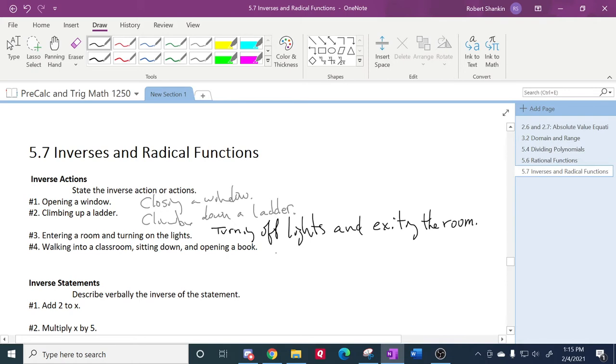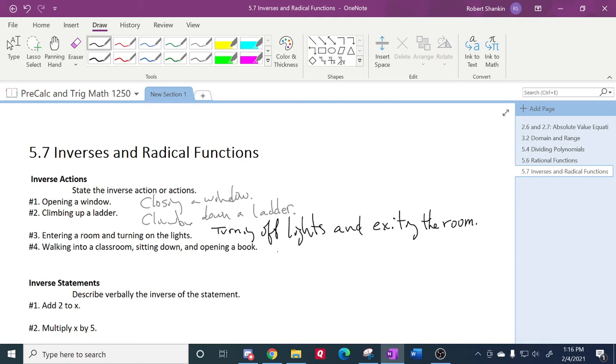Just because logically you can't turn off the lights if you're not in the room. That's right. If we left the room first, you can't get to the light switch probably, unless it's located super close to the door. When there are multiple actions and you have to invert, you will also have to reverse the order of the actions.